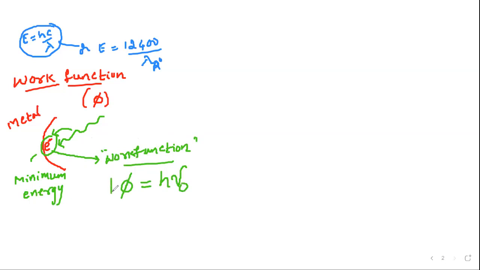Since energy is minimum, this frequency should be minimum. Or we can also write it as hc by lambda naught. But lambda naught should be maximum because work function and wavelength are inversely related. To get the work function minimum, threshold wavelength should be maximum.